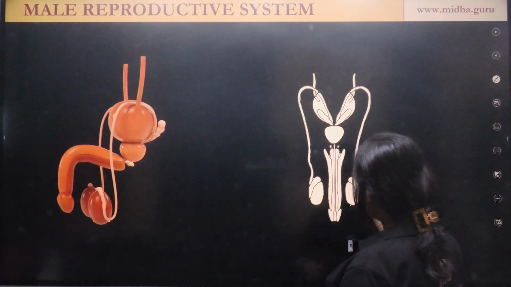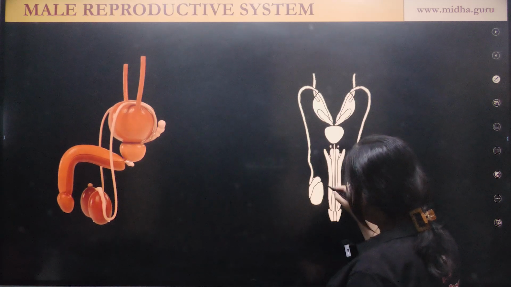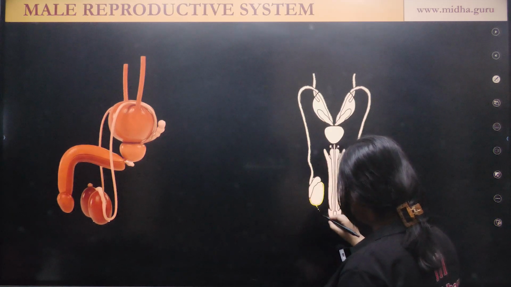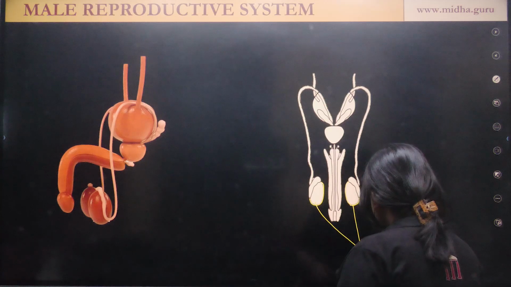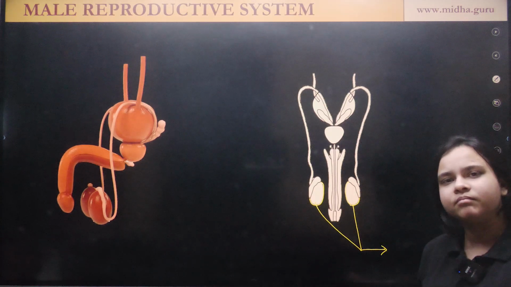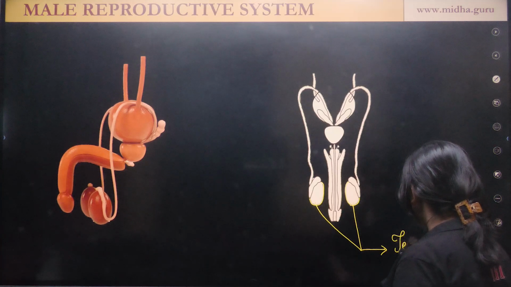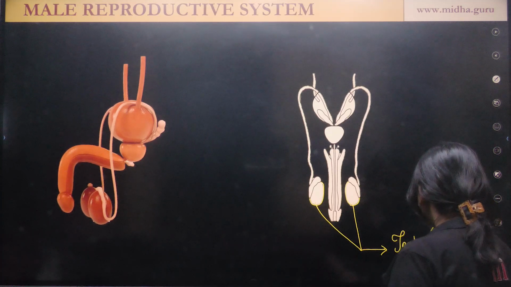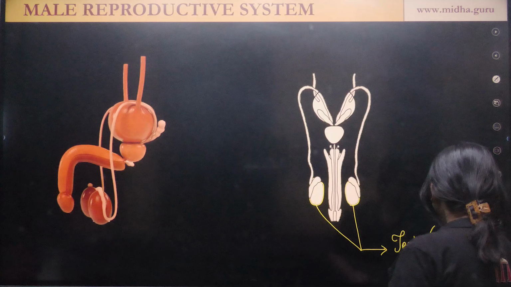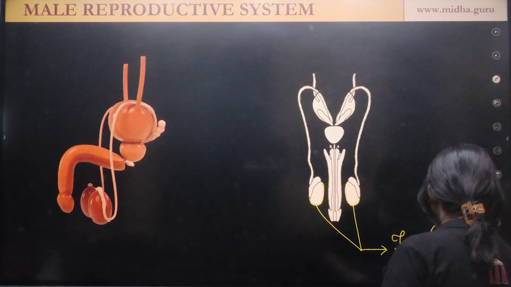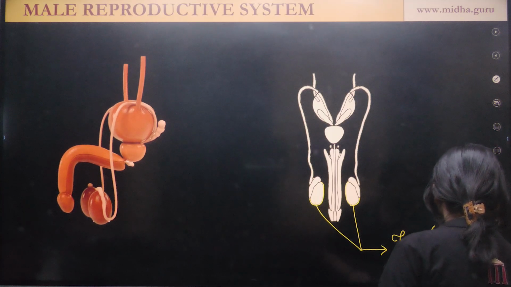This oval-like structure is basically the primary male reproductive organ. We call it the testis. This is the primary male reproductive organ.